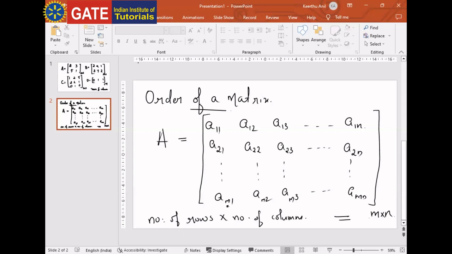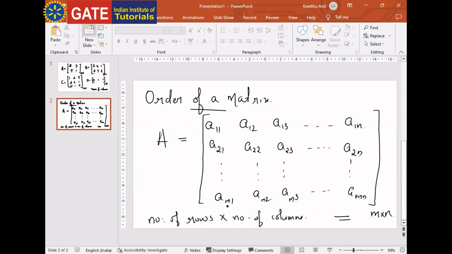So this into sign does not represent multiplication. That you should understand. So M into N, you get 2 by 3. Don't go multiplying it as 2 into 3, 6. It is just representation. Got it? Clear with this much? No doubts, right?